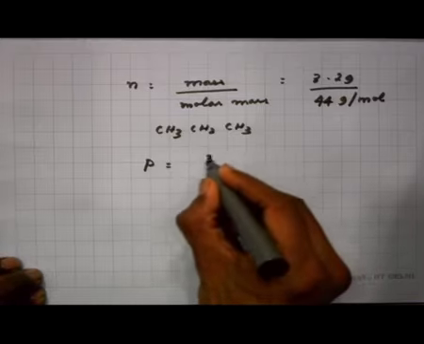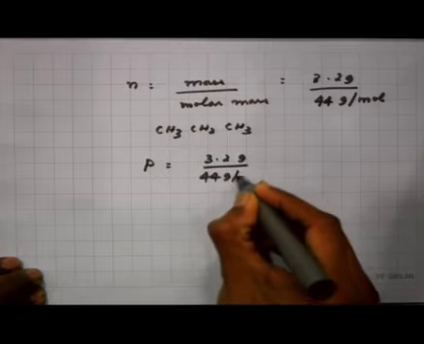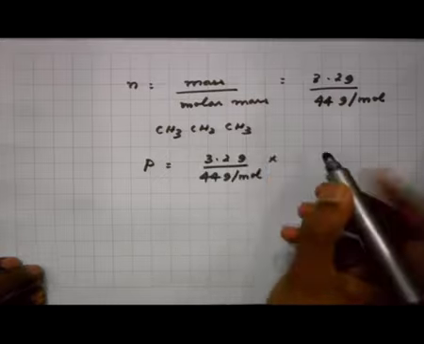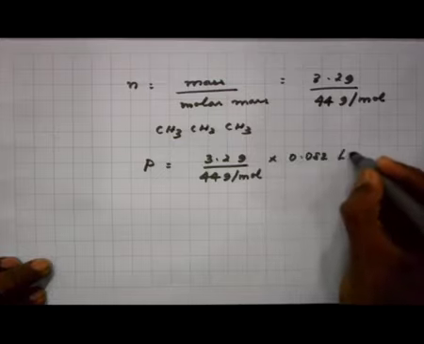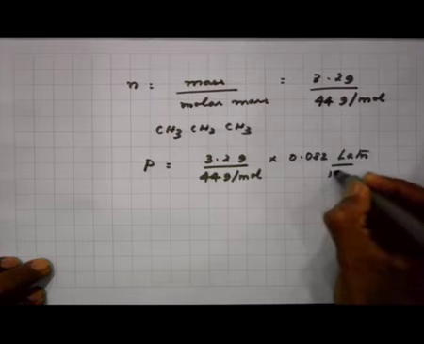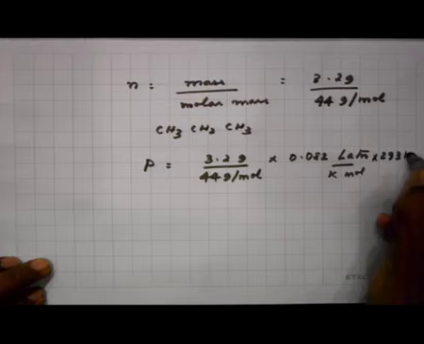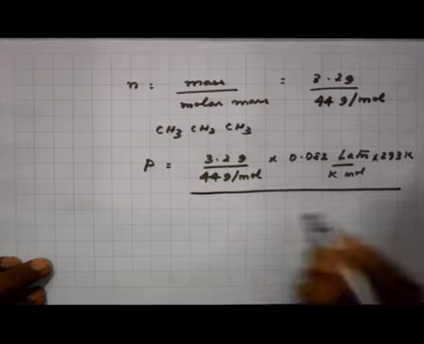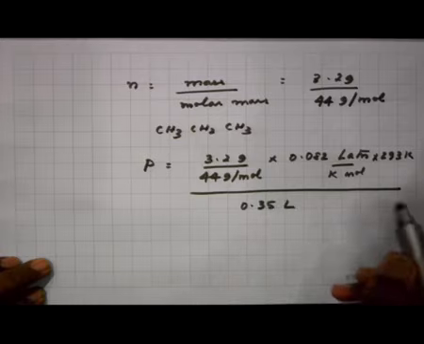So, 3.2 grams over 44 grams per mole times 0.082 liter atmosphere per Kelvin per mole times 293 Kelvin divided by 0.35 liters.